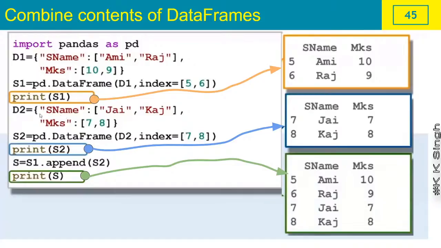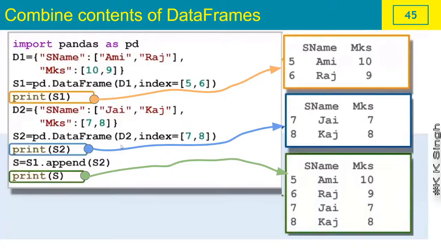So here D2 is the next data frame, which has S name with J and Kaj, and MKS corresponding values are 7 and 8, and indexes are 7 and 8. So the first data frame has indexes 5 and 6, and the next data frame has indexes 7 and 8.